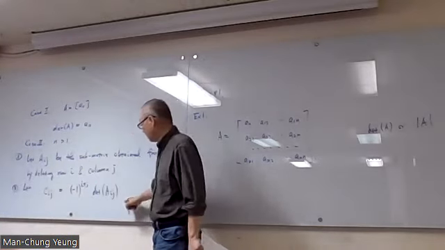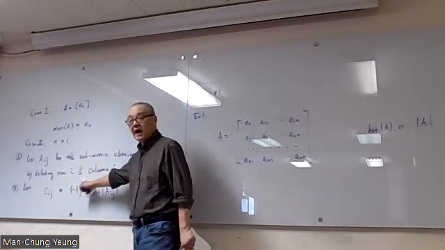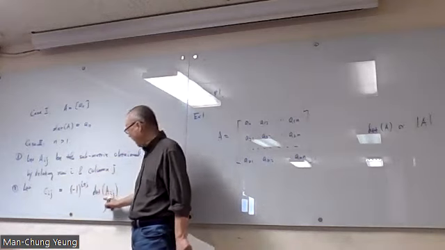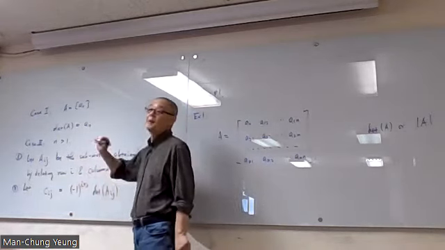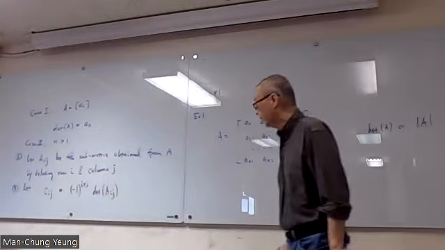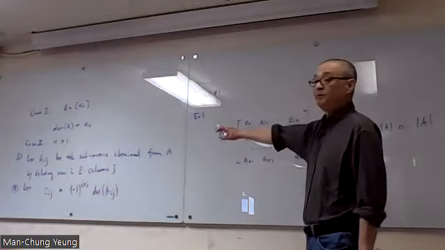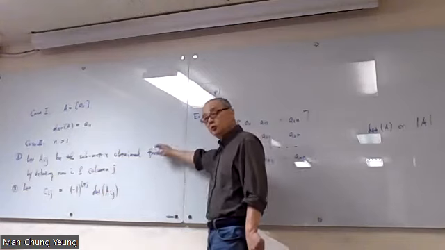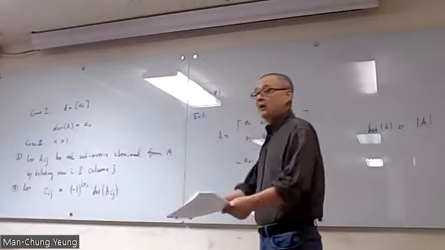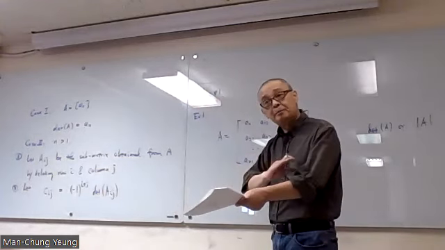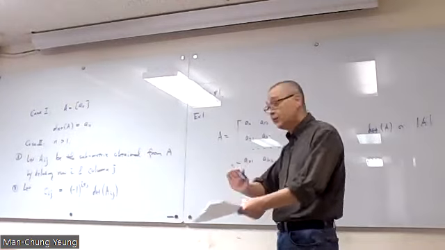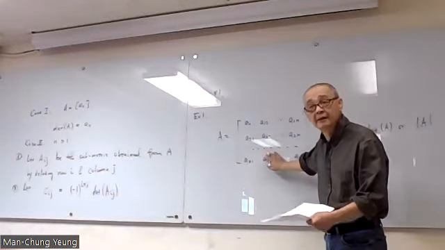The determinant is a number, so Cij is a number. Now, with these two notations, I can present the formula to compute determinant.